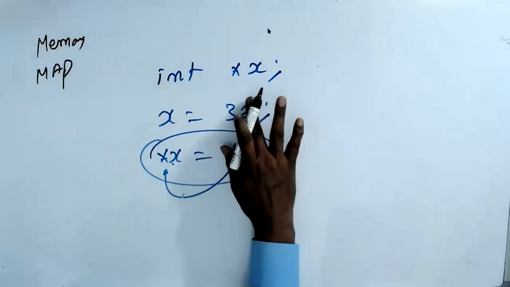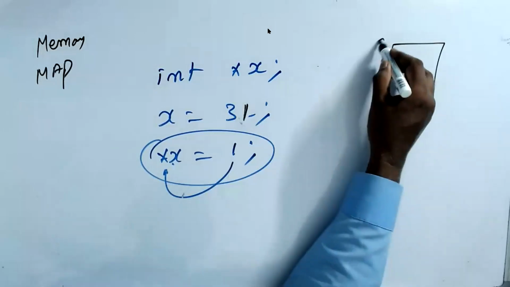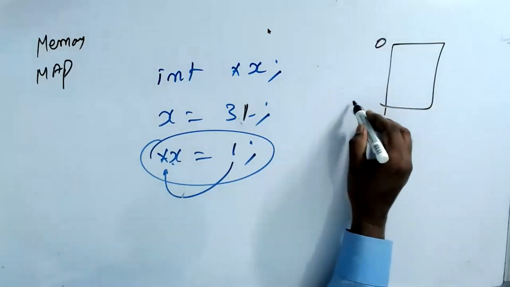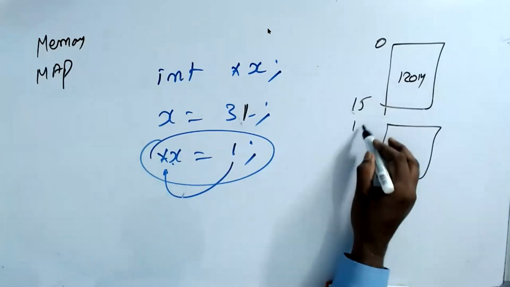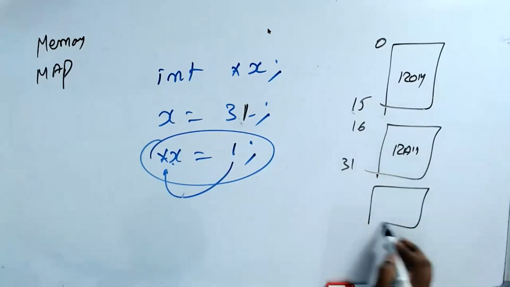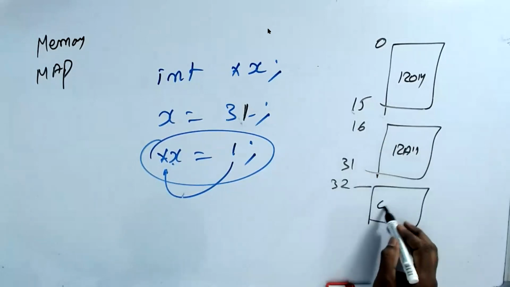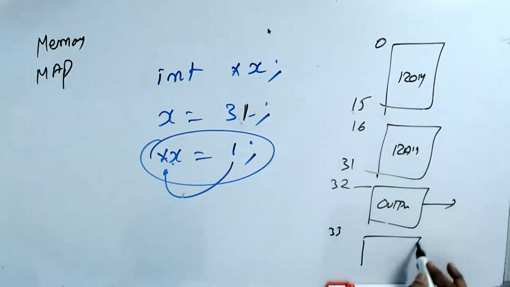In our case, we have used 0 to 15 for ROM, 16 to 31 is RAM, and 32 is output, and 33 is input.